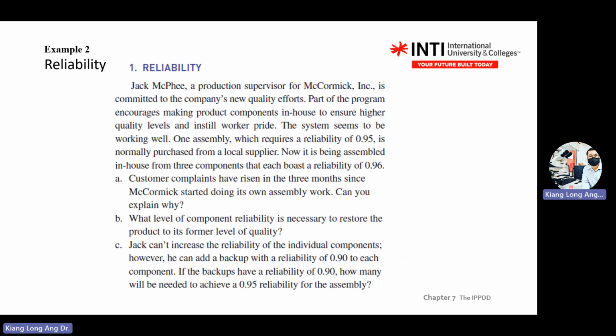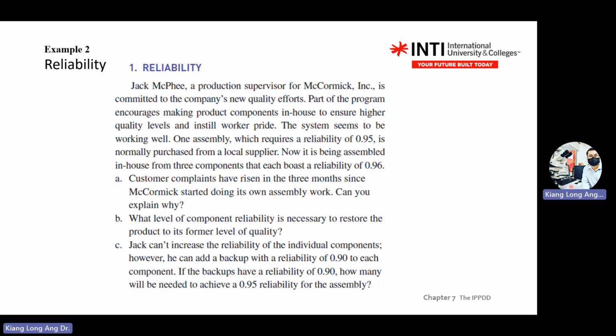One assembly requires reliability of 95%. It's normally purchased from a local supplier. So now you have one component which is 95%. This one from your supplier. Now it is being assembled in-house from 3 components that each has a reliability of 0.96.